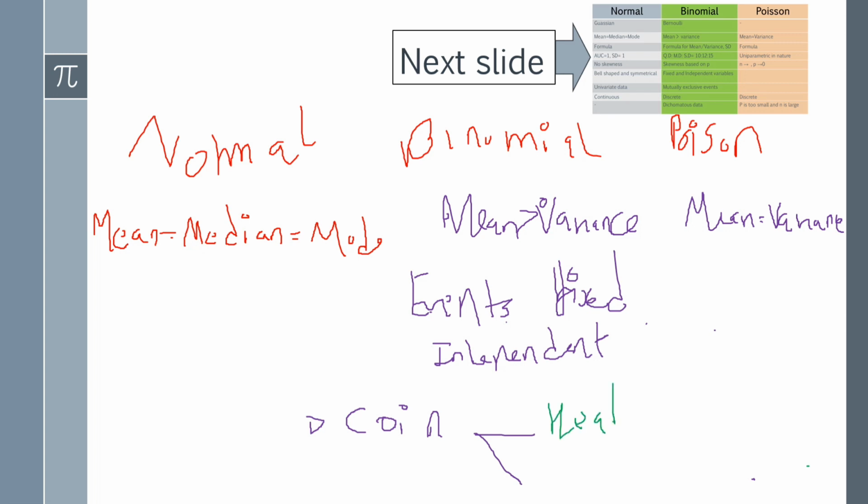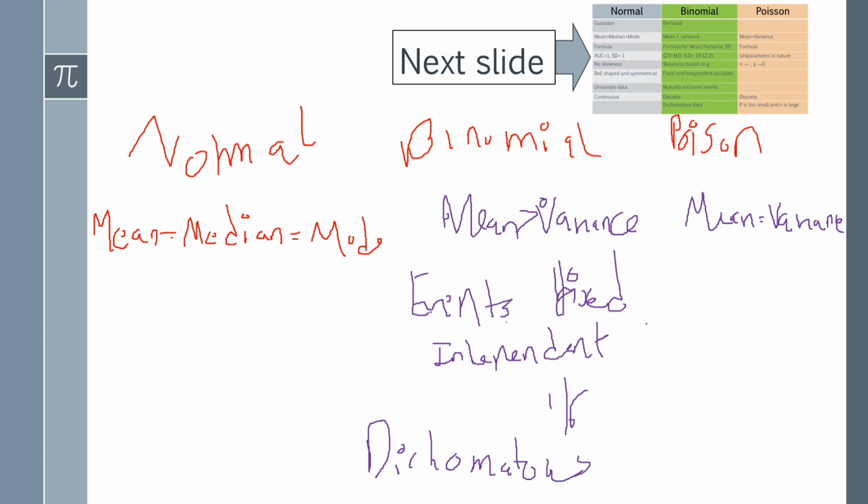There cannot be heads and tails both as the outcome. So when there is only one possible outcome, we call it independent variables and fixed events. And this data is called dichotomous data. When there is only one possible outcome, like suppose you are rolling a dice, either it can be 1, 2, 3, 4, 5, or 6. One of the 6 can appear. So the probability becomes 1 by 6. So this data is called dichotomous data.